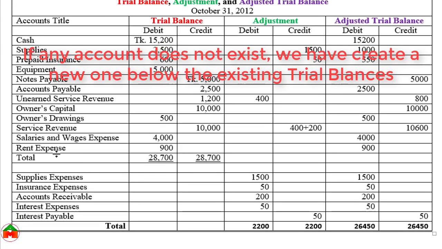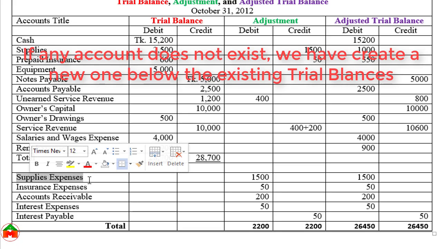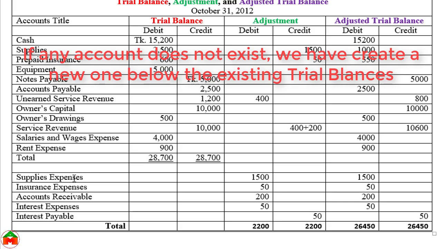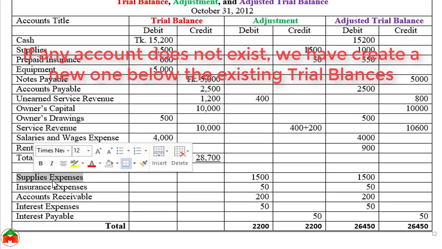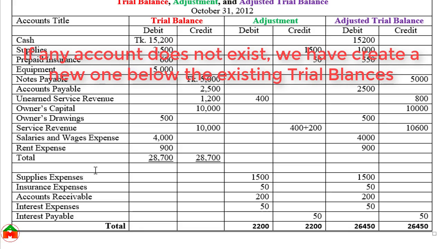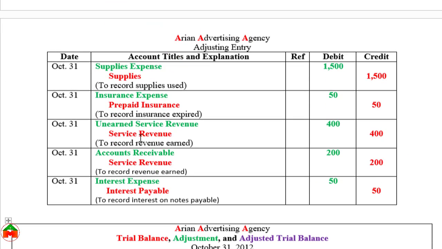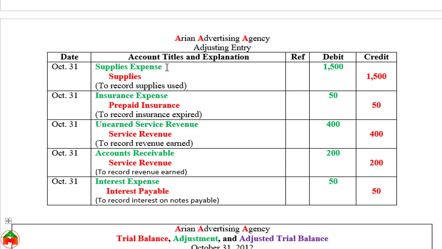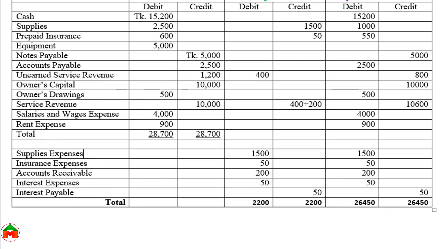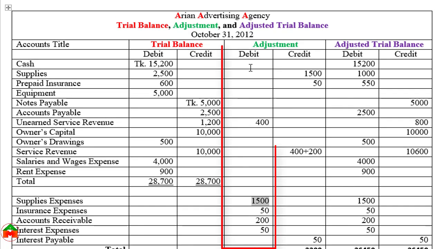At the last row of the trial balance, we write a new account named supplies expense, because this account does not exist. So supplies expense is debit with the amount of 1500. This is the debit column.